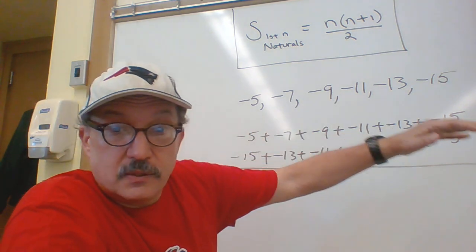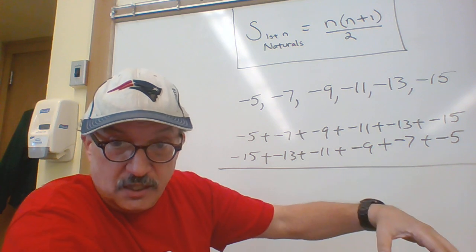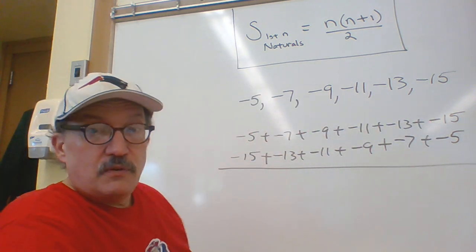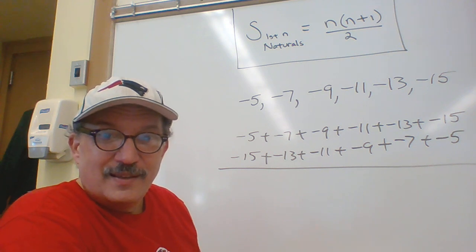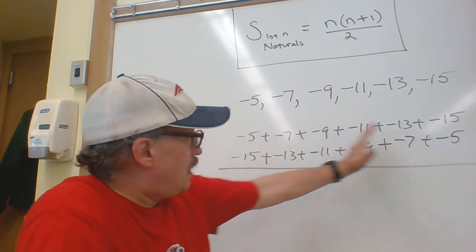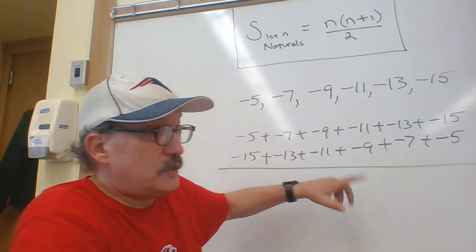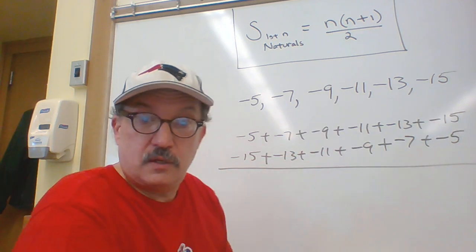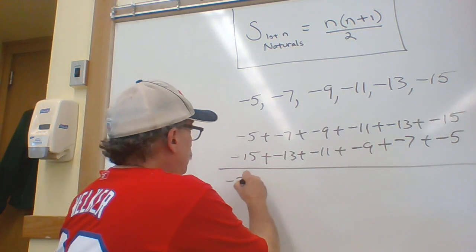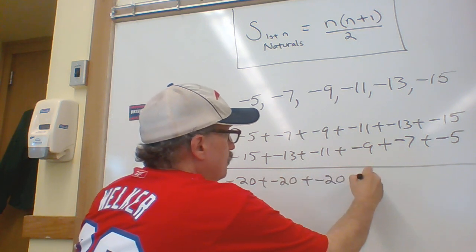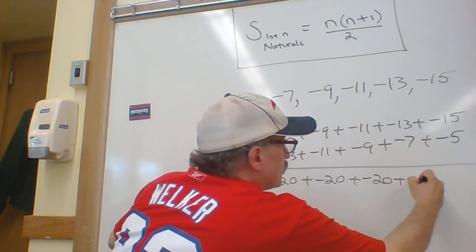And a sub n, which is the 6th one in this case, is -15. -15 plus -5. Each of these sums that we're going to write down here will always be the sum of the first term and the last term that we're interested in, the one we go up to. -20 plus -20 plus -20 plus -20 plus -20.